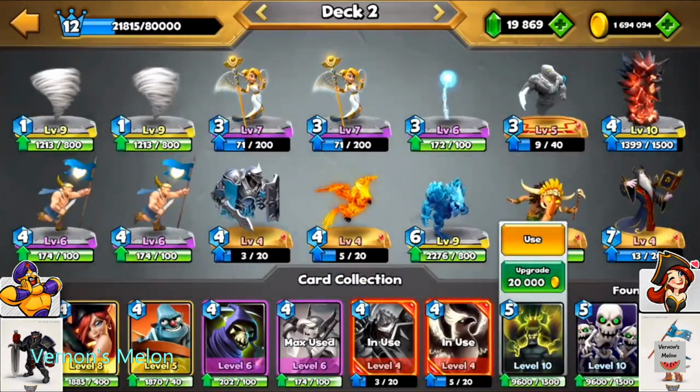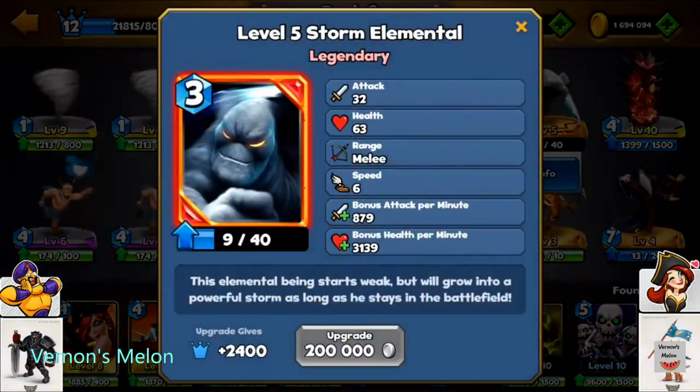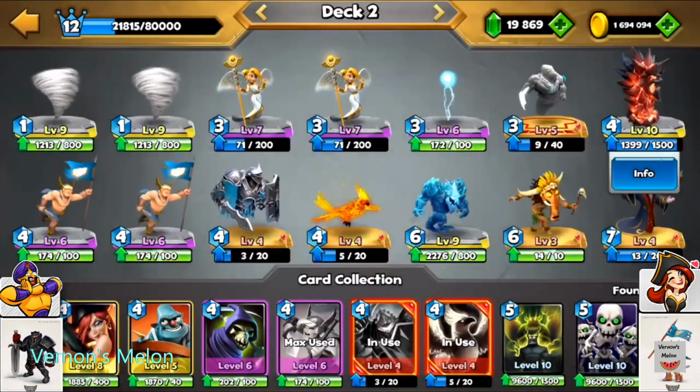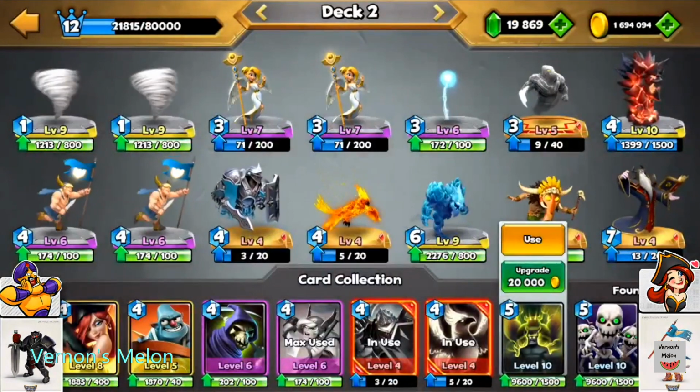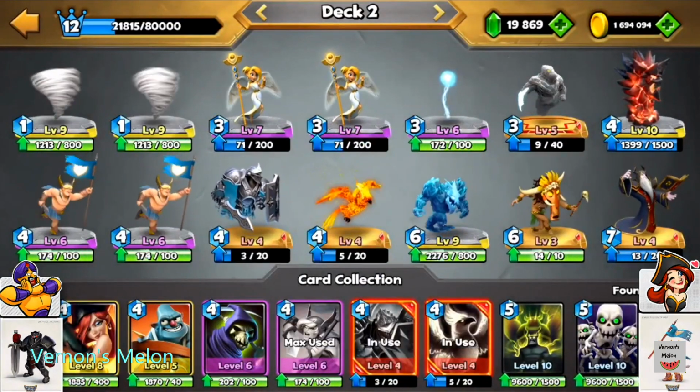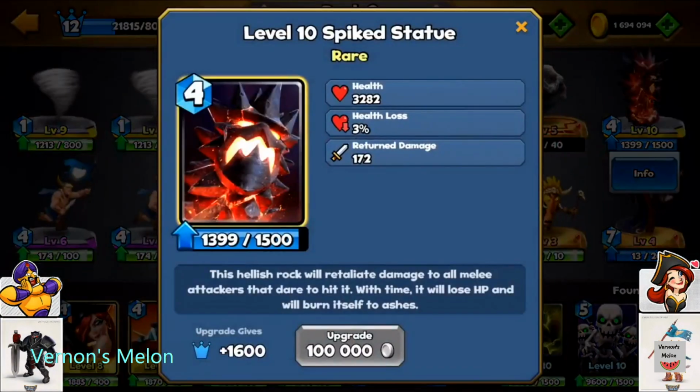To give you an example, if I had put down a Storm Elemental along with my Spike statue, and then I tried to put Giant Growth in the same area, it's the Spike statue that's going to get boosted instead of my Storm. The Spike statue doesn't have any attack damage. It only has return damage.